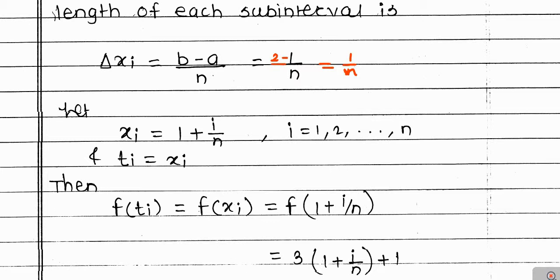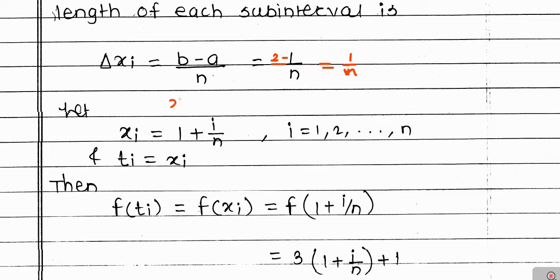Now let us consider xi equal to 1 plus i by n, i equal to 1, 2 up to n. I will mention here for your understanding that we have x0 equal to 1.